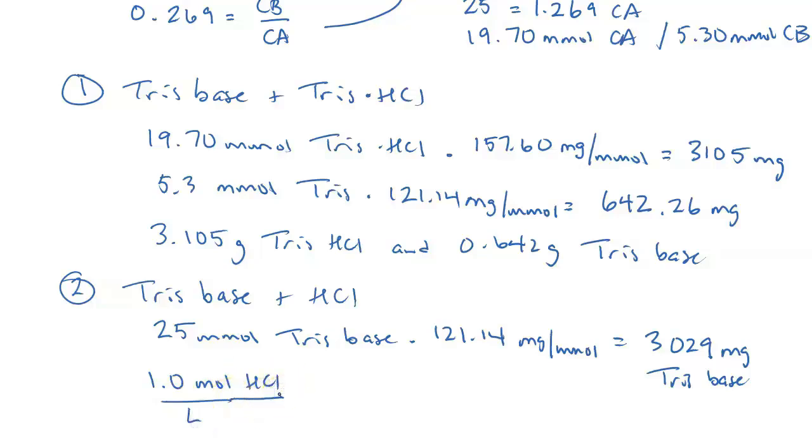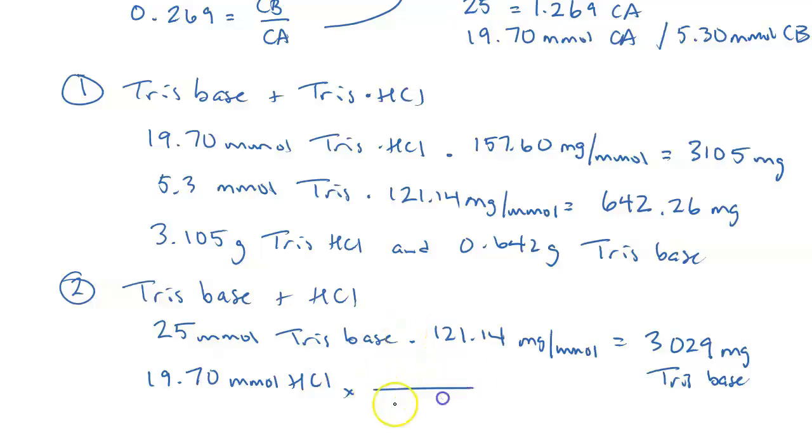So how are we going to do that math? We actually need 19.70 millimoles of it. Well, I can't multiply those together directly. I'm going to have to invert the molarity to make that work. So let's just erase that and start with 19.70 millimoles of HCl, and then use my molarity.